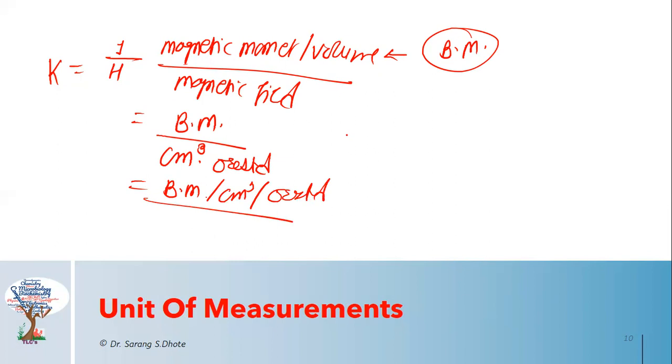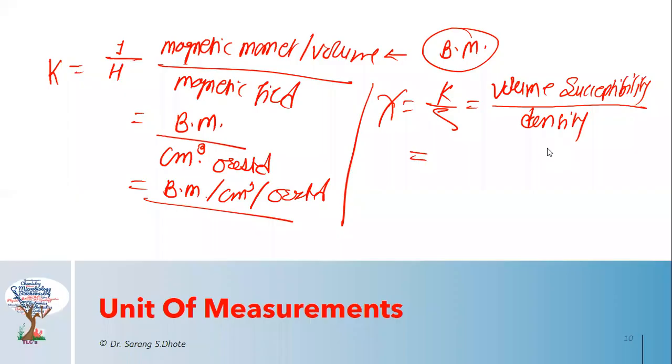And for specific susceptibility, chi is equal to K by density. The K is nothing but the volume susceptibility. So chi is equal to K by density, which is the volume susceptibility divided by density.